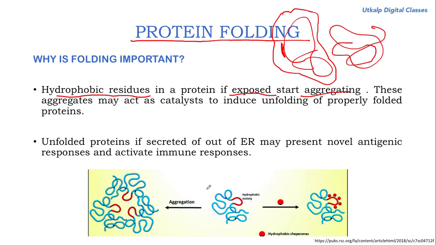Let's consider this diagram here. This is an unfolded protein. This red part is a hydrophobic moiety and this blue part is a hydrophilic moiety. When the hydrophobic moiety is towards the exterior of the protein, it tends to attract other hydrophobic moieties.